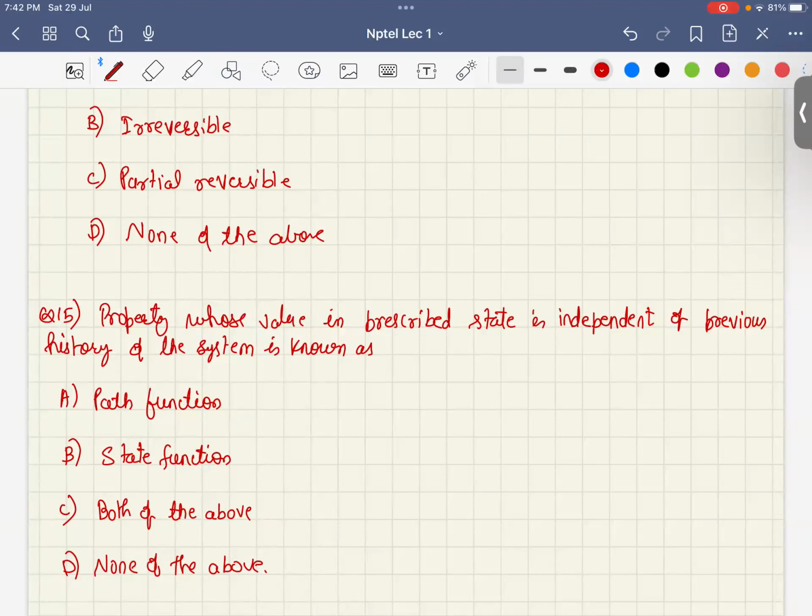Clearly, path functions are the properties which depend on the path, for example Q and W, and state functions are the properties which do not depend on the path. So those are independent of the history of the system. Hence, the correct answer is option B, which is state function.